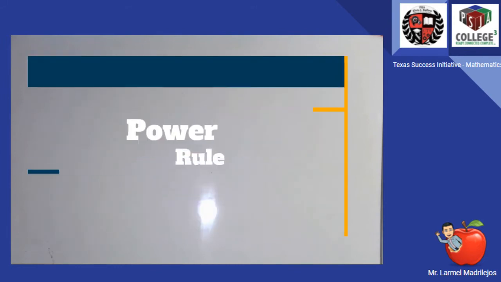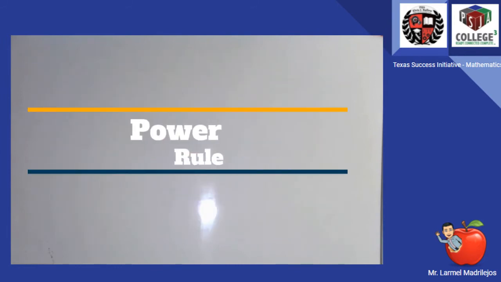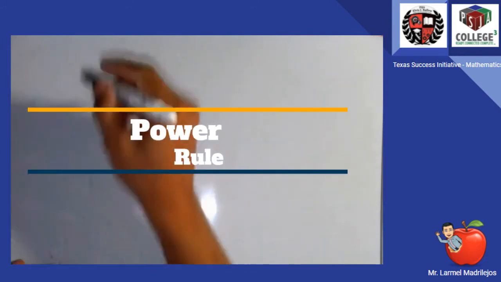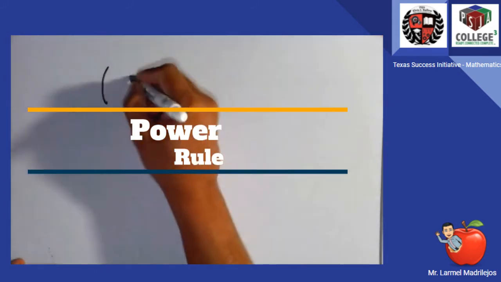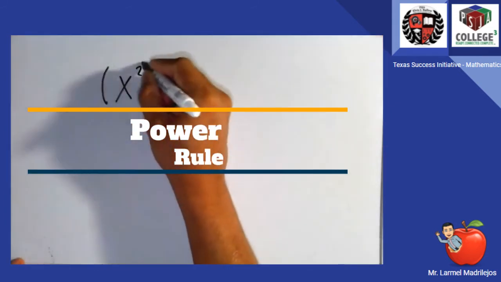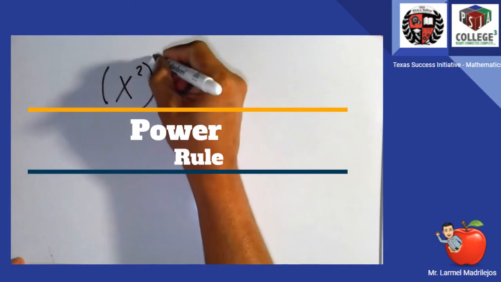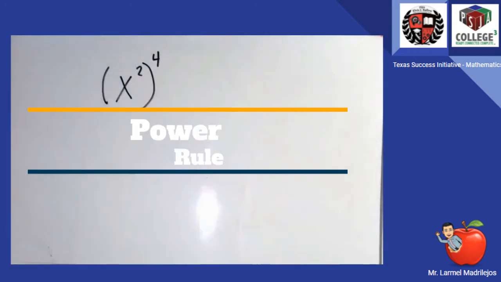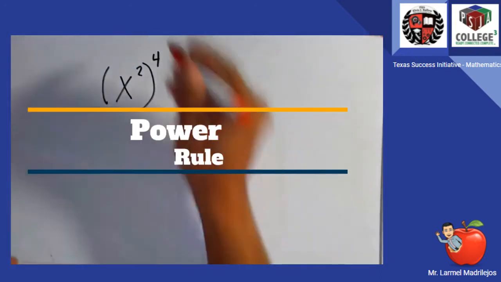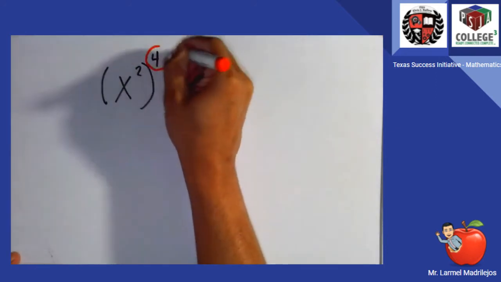Next is the power rule. Okay, product rule and power rule look confusing. In the power rule, x raised to 2, raised to 4. So this is the power rule.